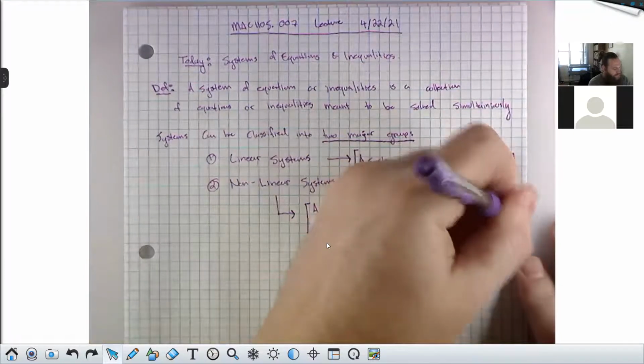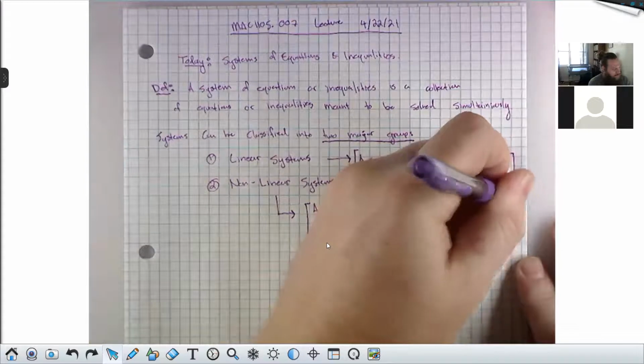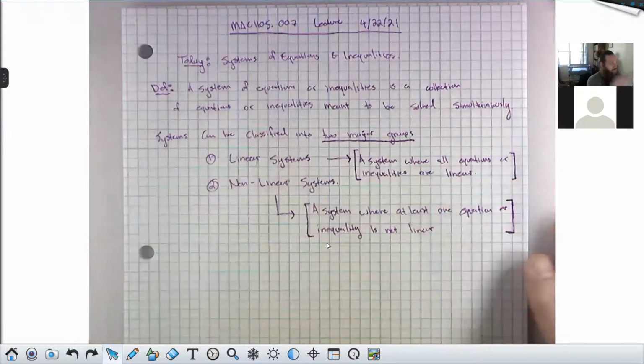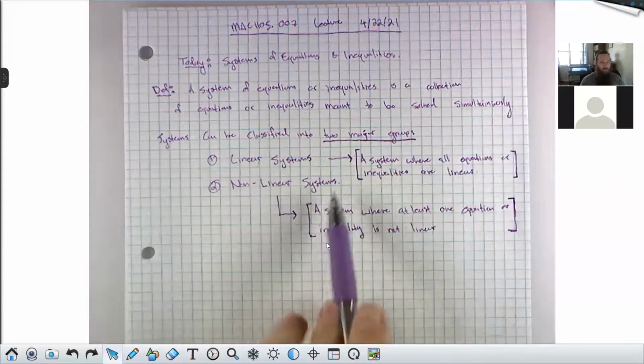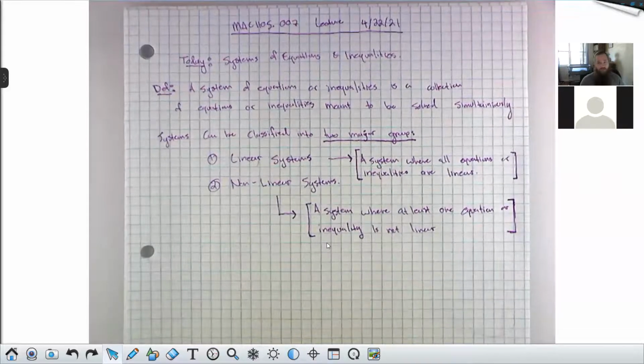It turns out that we like linear systems way, way more. The study of linear systems leads to this whole subset of advanced algebra called linear algebra. Linear algebra, turns out, is like the heart of quantum physics. It's the heart of statics, if you're interested in engineering. It's the heart of so many different areas in mathematics and engineering and science that we really, really do love linear systems. Nonlinear systems, these tend to be a pain in the ass.